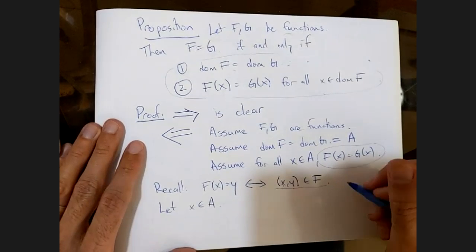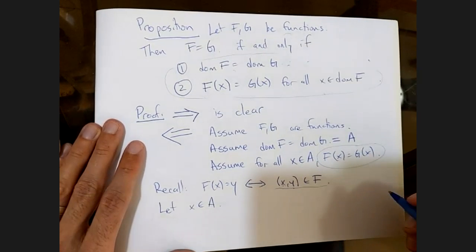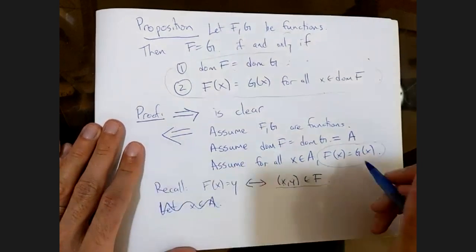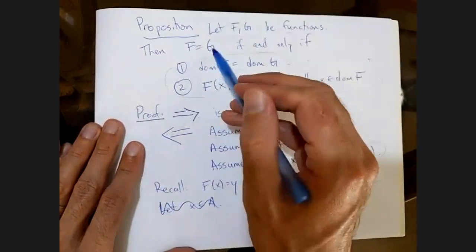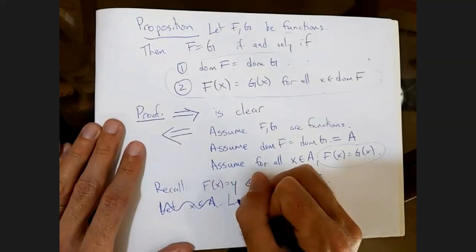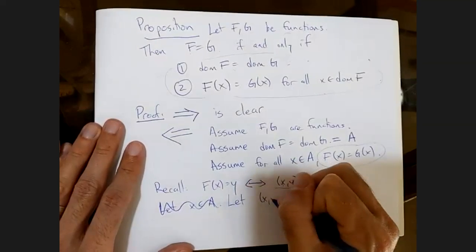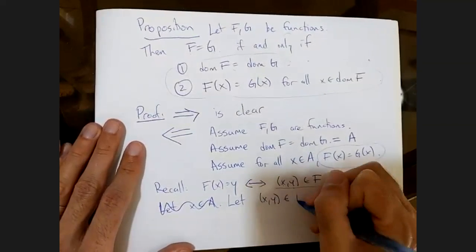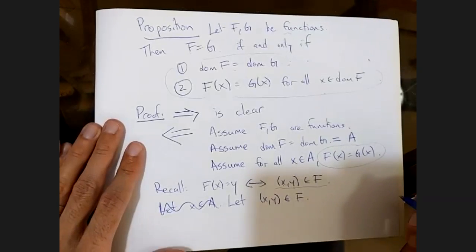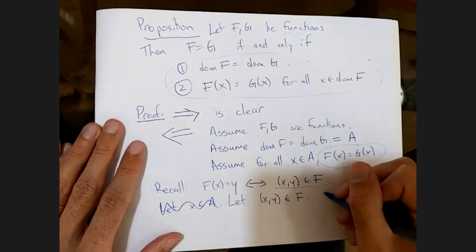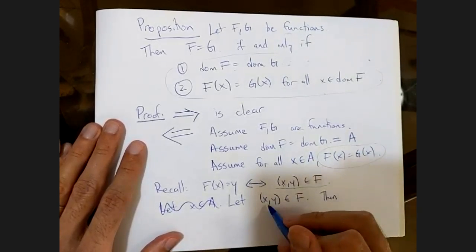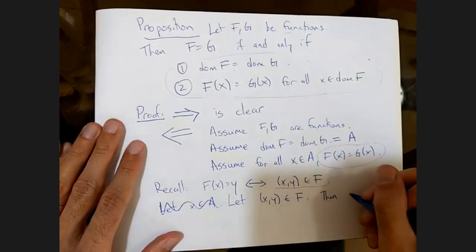So our goal now is to show that these two sets of ordered pairs are equal, right? So let's take an ordered pair xy in F, and we have to show it's an element of G. Then, by definition of domain, x is in the domain.